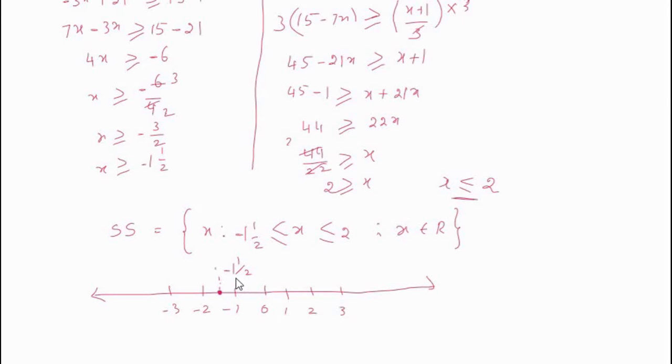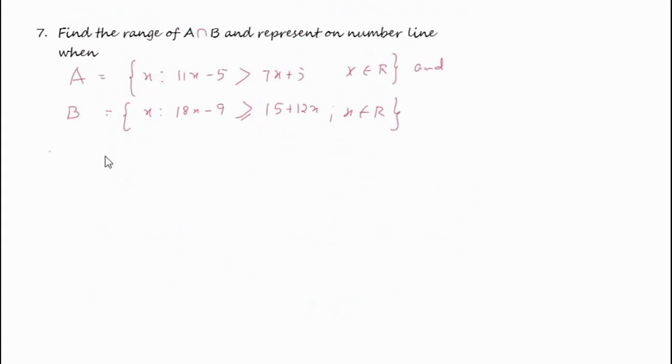So minus 1 by 2 is also part of the solution. And here on the right side, it is less than or equal to 2. So this is also a solution. So all numbers in between these two are a part of the solution and satisfy the above linear inequation. So this is the solution on number line.